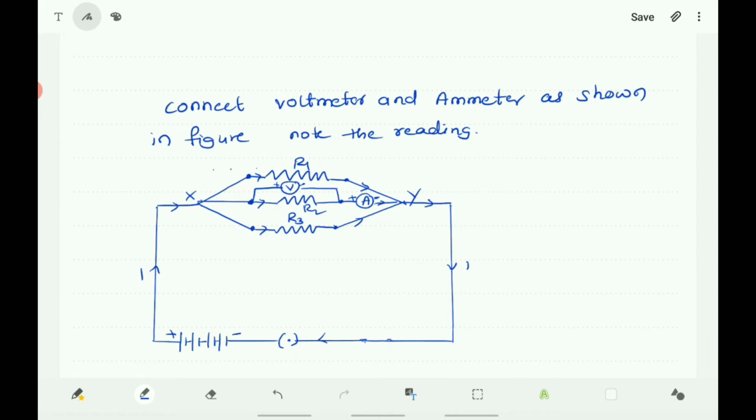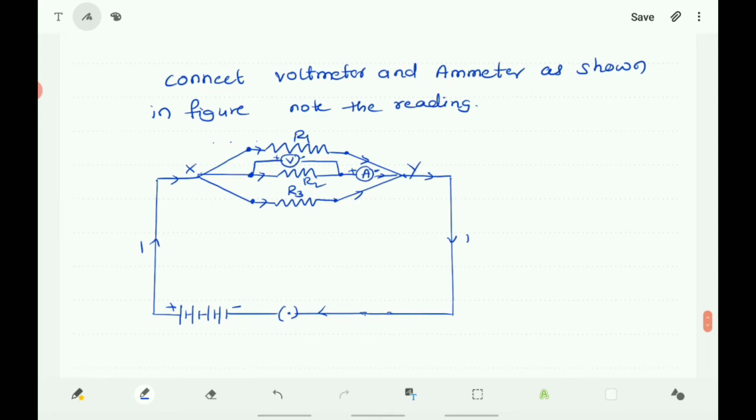See the figure: the ammeter is connected with R2 in series and the voltmeter is inserted across the resistor. In this step also, plug the key and note down the reading from the voltmeter and ammeter.